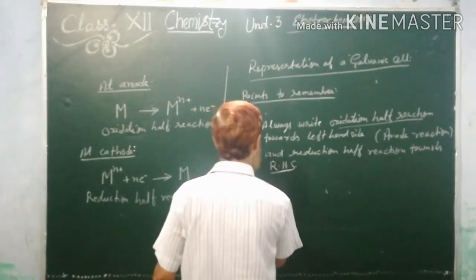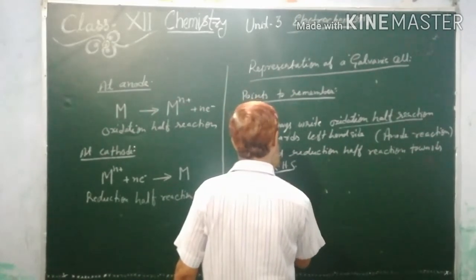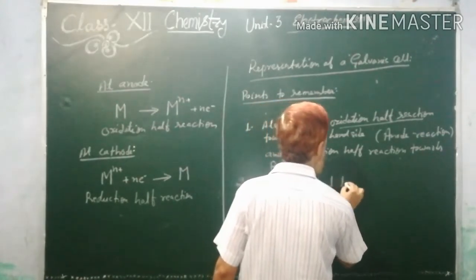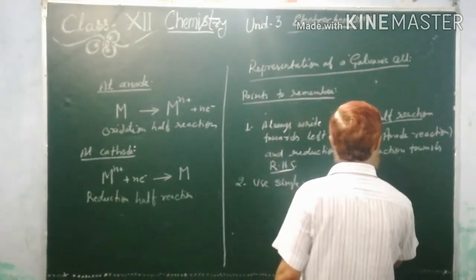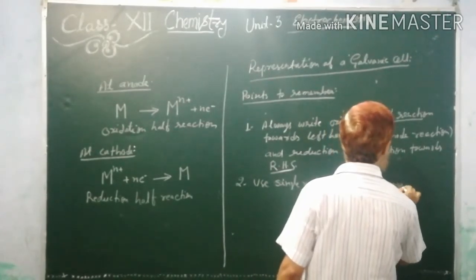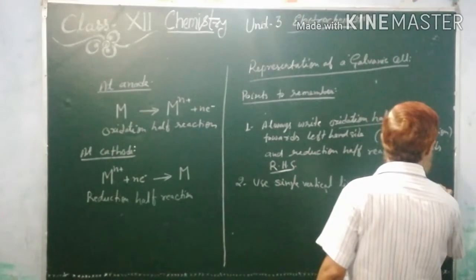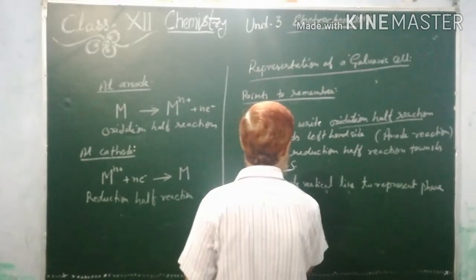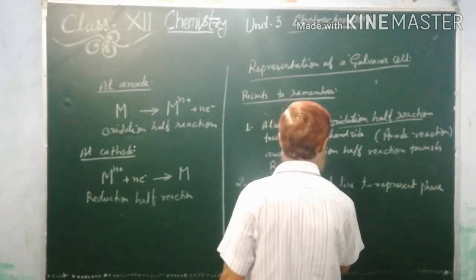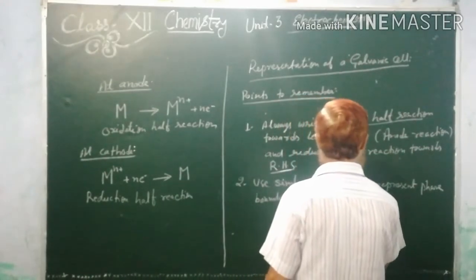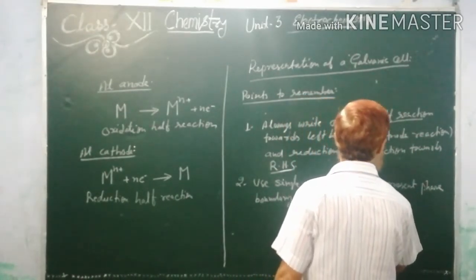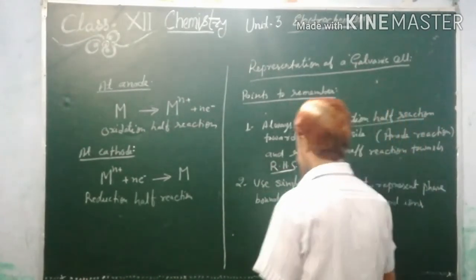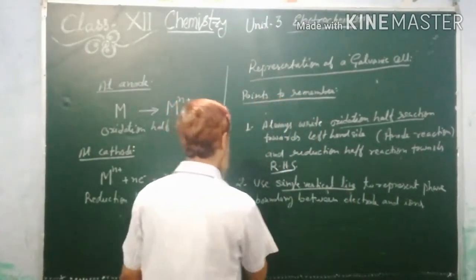Means use a single vertical line to represent the phase boundary between the electrode and the ions in the solution. Single vertical line.